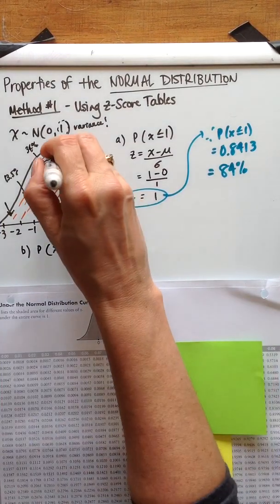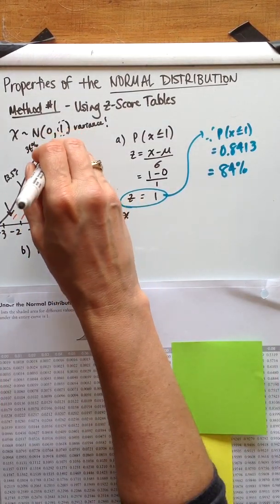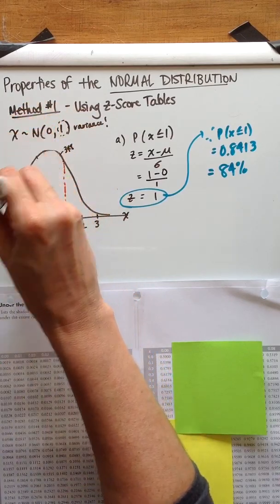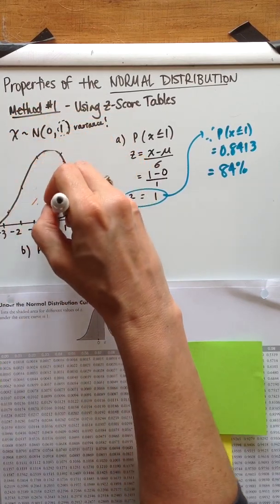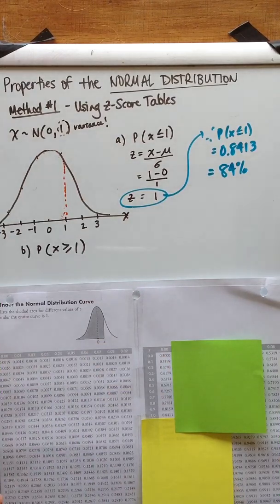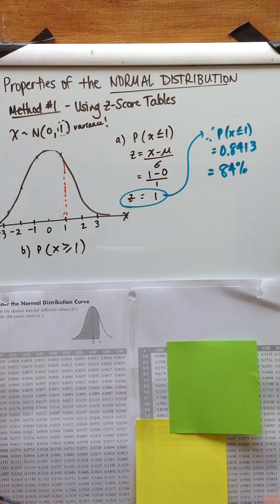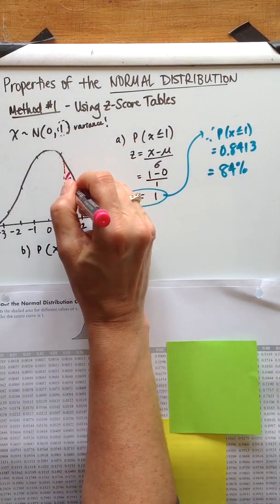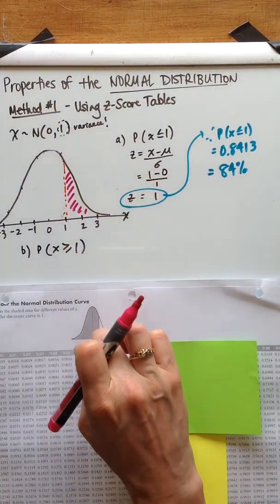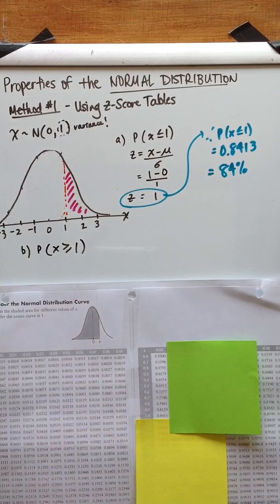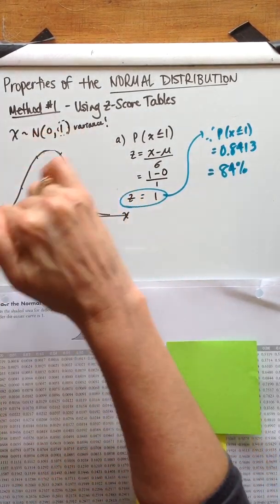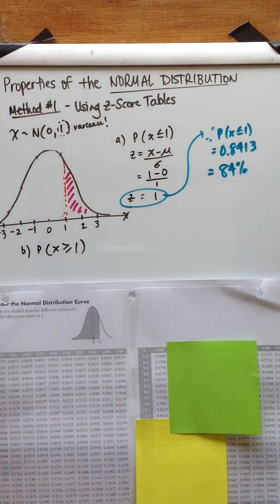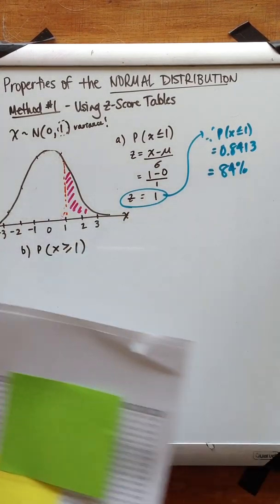So what I'm really looking for this time is the area of this section under the curve. I'll show you where I mean. We're looking at it over here, greater than 1. So I can't get it directly from here, but what I could do is do 1 minus this section to give me this, and that's exactly what I'm going to do.